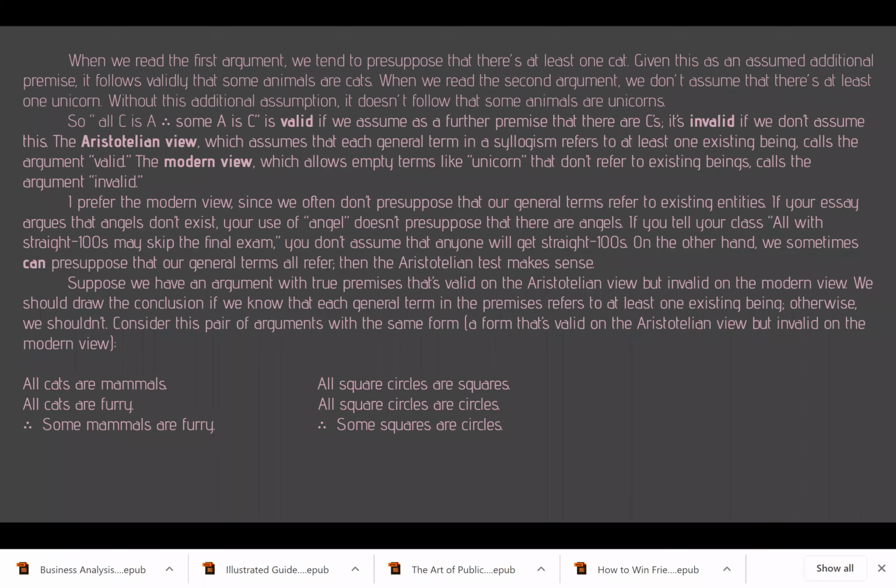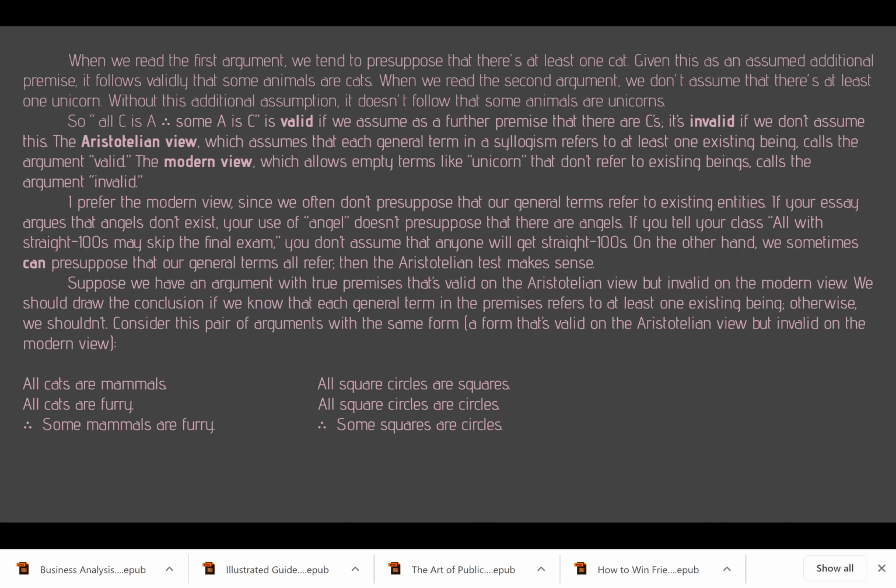Then the Aristotelian test makes sense. Suppose we have an argument with true premises that's valid on the Aristotelian view, but invalid on the modern view. We should draw the conclusion if we know that each general term in the premises refers to at least one existing being. Otherwise, we shouldn't.